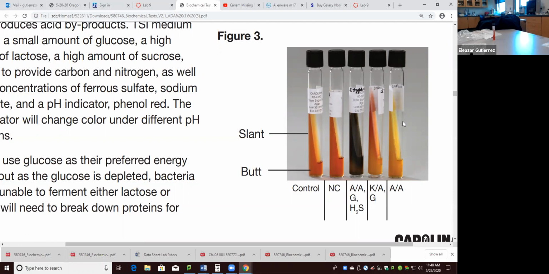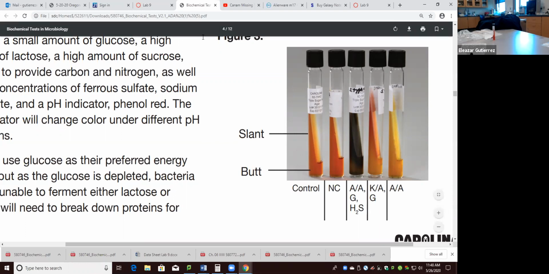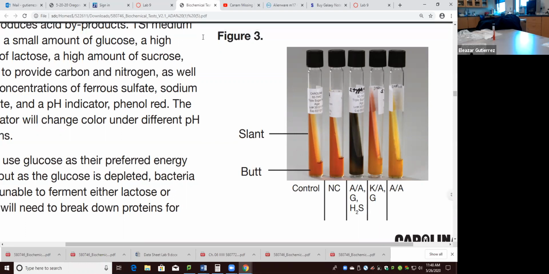Again, very characteristic of the organism. So here we're trying to discern the identity of the organism based on its metabolic traits. So I'm going to pause here for a second, and then I'm going to let you guys see how this is done practically. Okay.